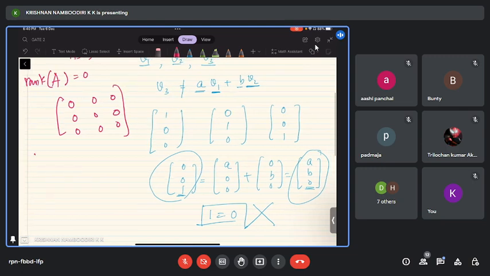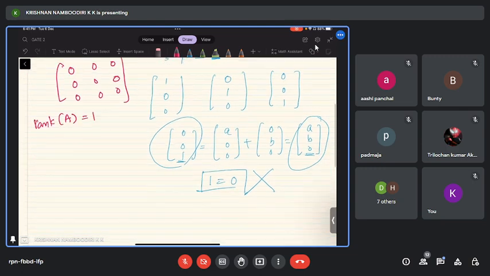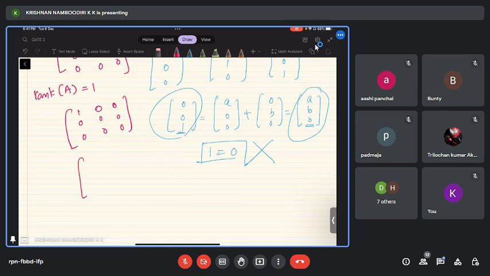Now rank of A is equal to 1. That means there are two possibilities. Either I have some non-zero column and all the other columns are completely 0. This is one possibility. Otherwise, there is some other possibility.